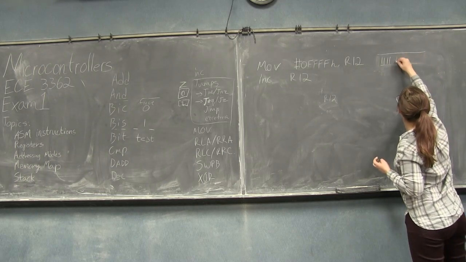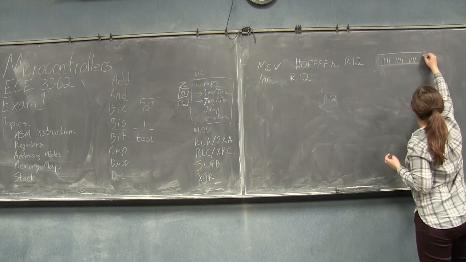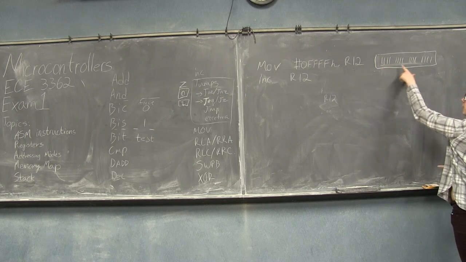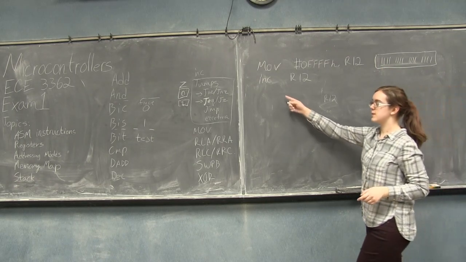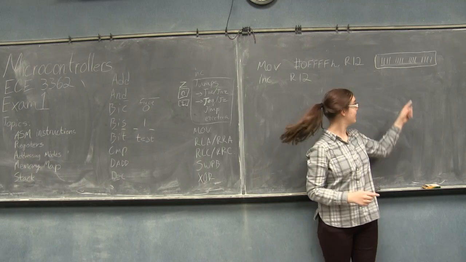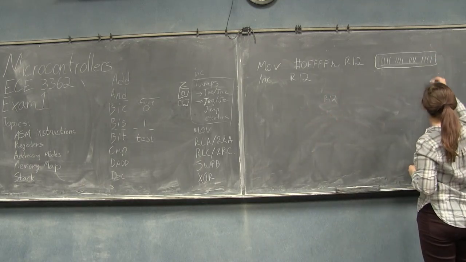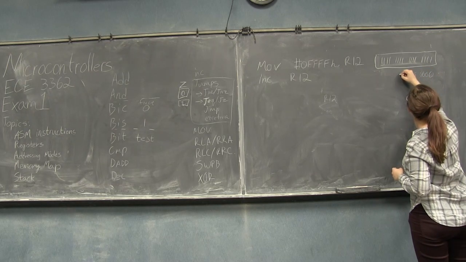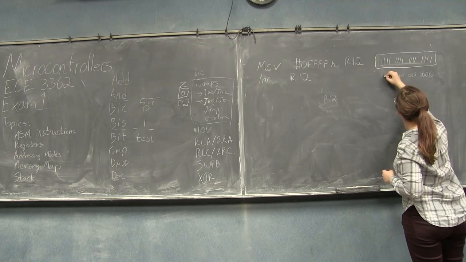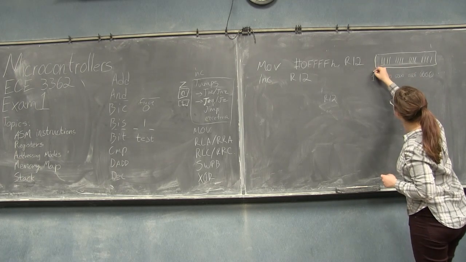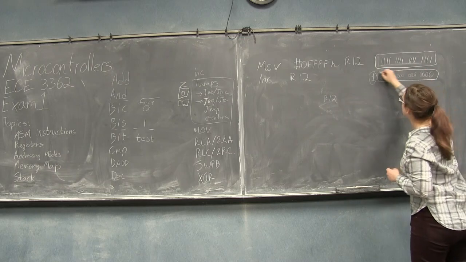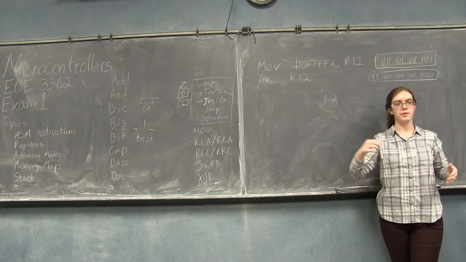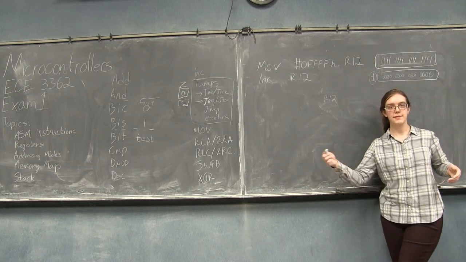That's in binary, all 16 bits are 1. Now what happens when you increment it? When you add 1? Yep. R12 now contains all zeros, and this extra 1 is overflown and goes into the carry bit, or the C flag.